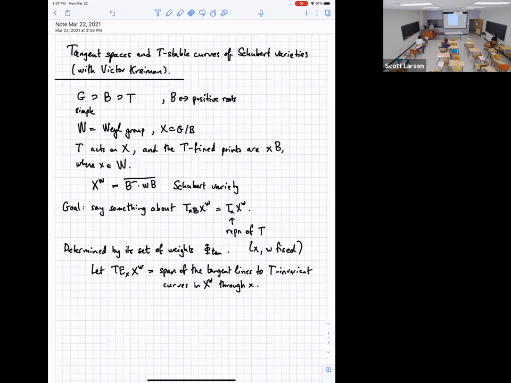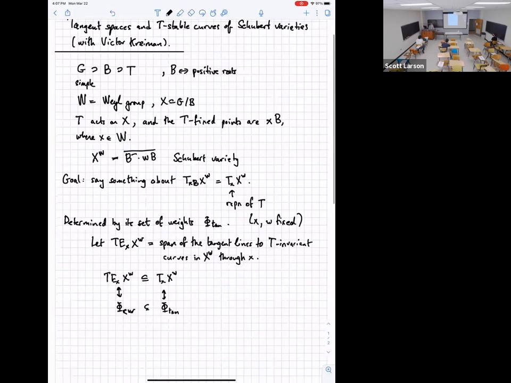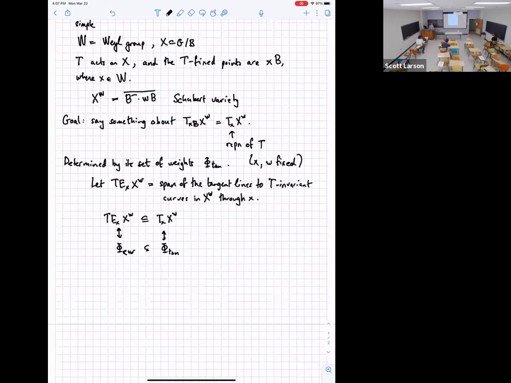So in other words, T^e_x(X^w) is a subspace of T_x(X^w). And just for notational purposes, the set of weights here I'll call phi curve, for curve weights, the weights of the tangent lines to curves, a subset of phi tan.